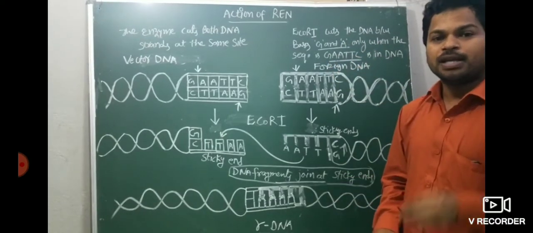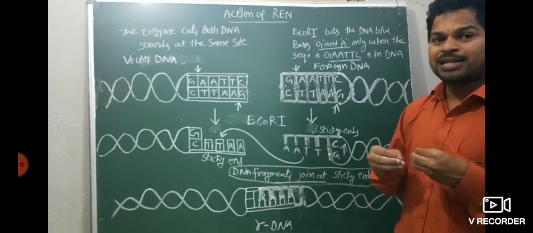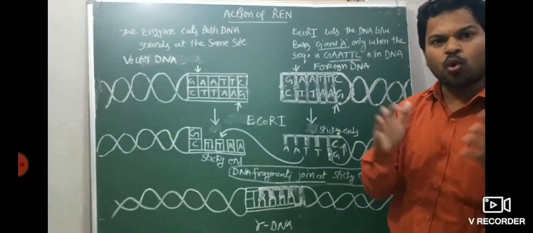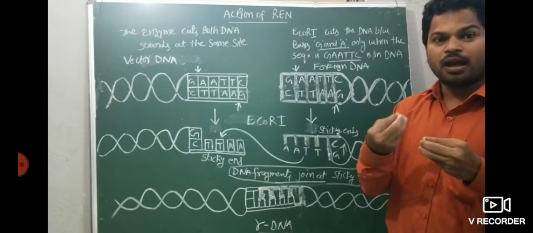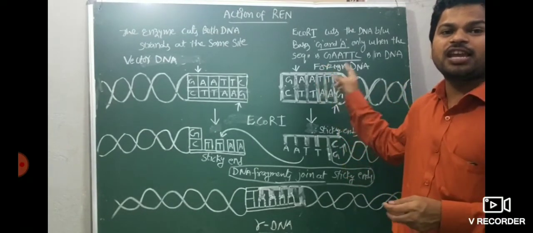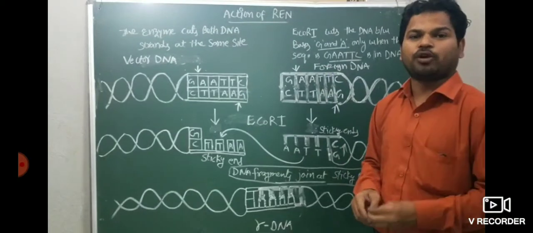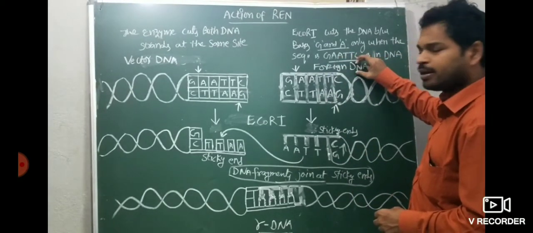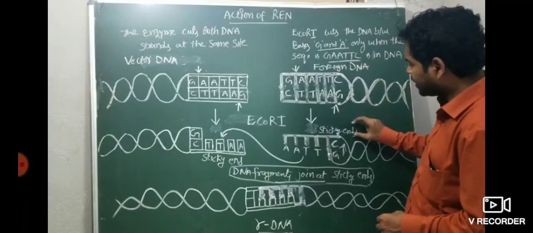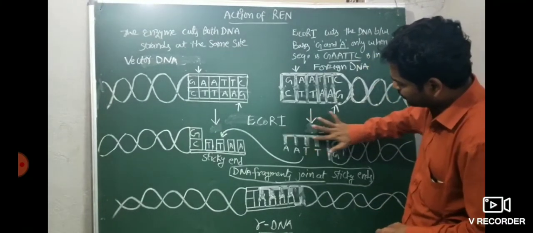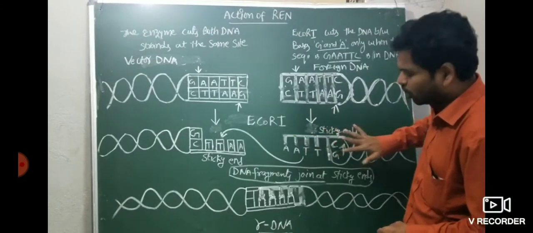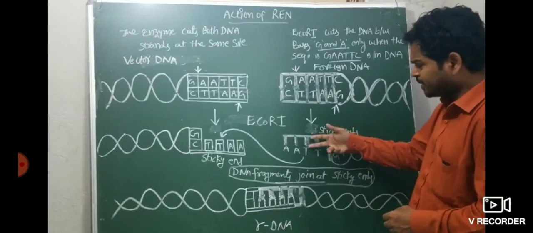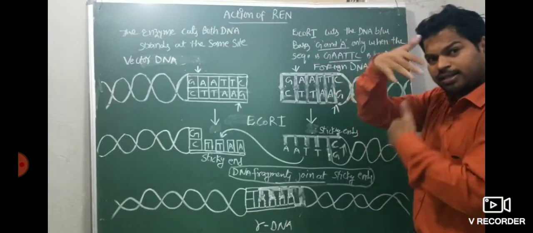When it cuts this foreign DNA or desired gene, we get sticky ends, meaning one is a long fragment and one is a short fragment. These sticky ends of the desired DNA are complementary to the other strand.